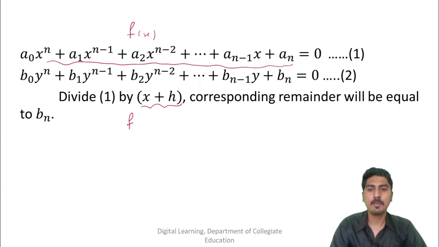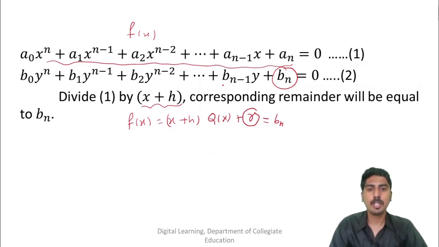When we divide f(x) by x + h, we get a quotient q(x) and we get a remainder. We see that this remainder is equal to the coefficient bn of this equation.